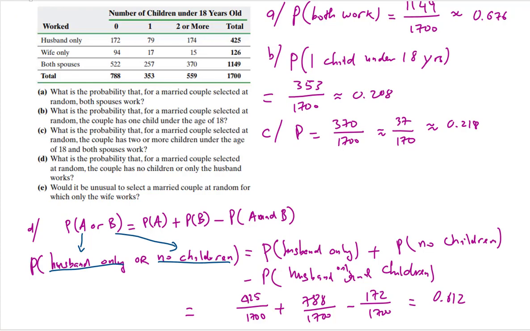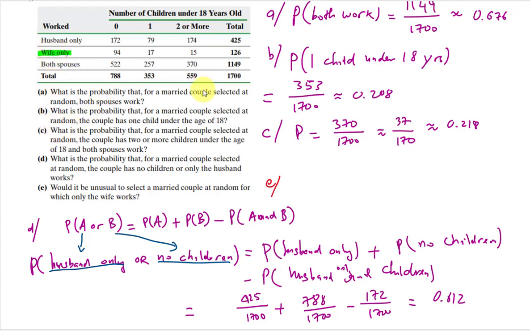Now we are doing the last part, E. Would it be unusual to select a married couple at random for which only the wife works? Only the wife works is this row.